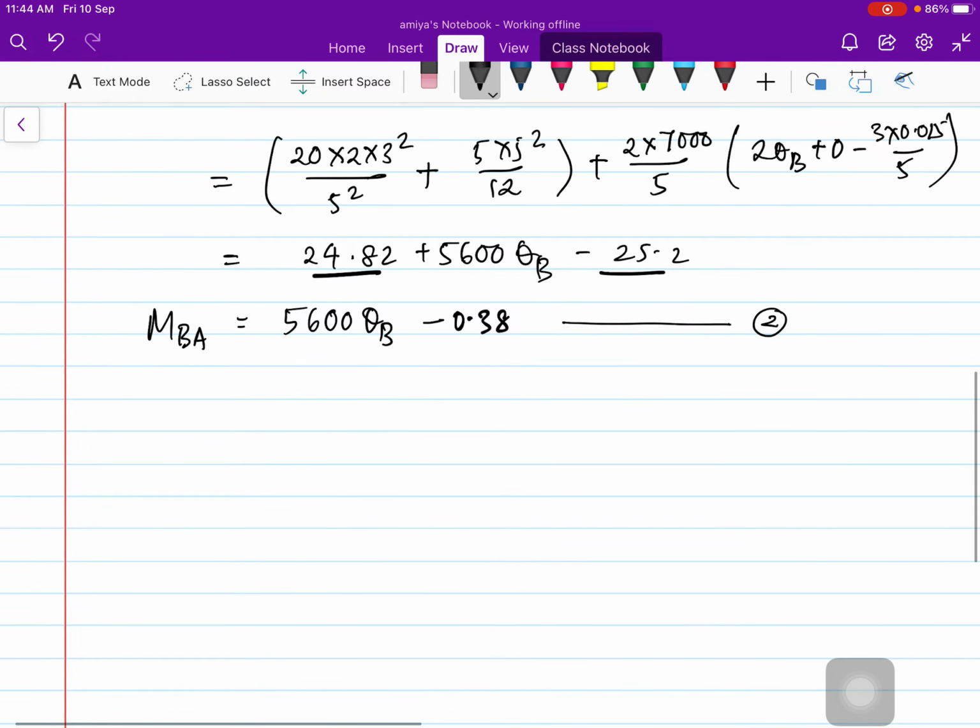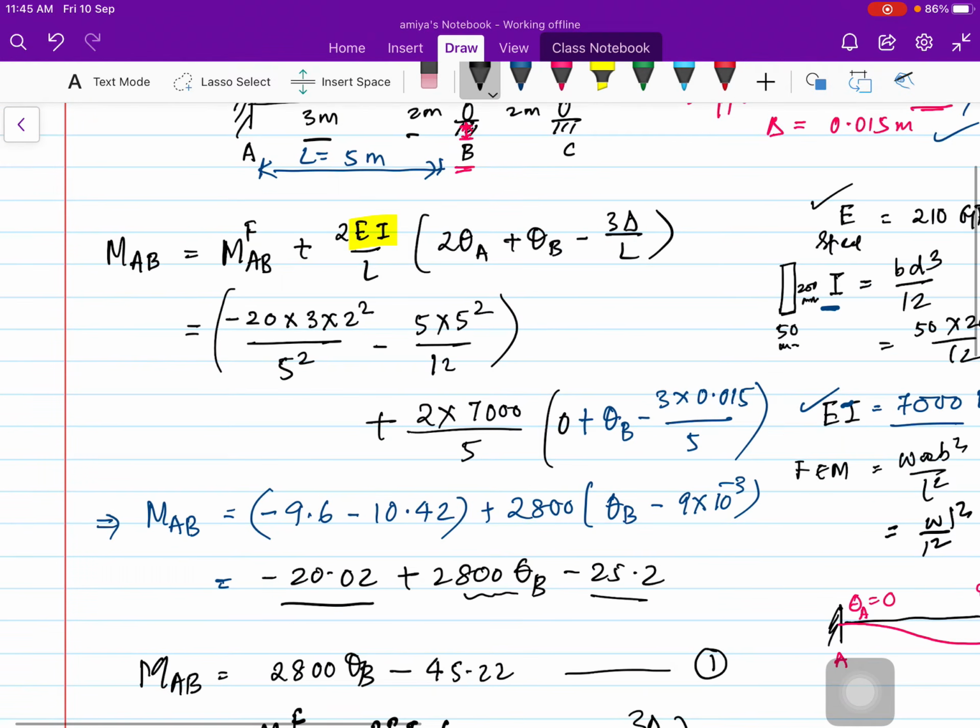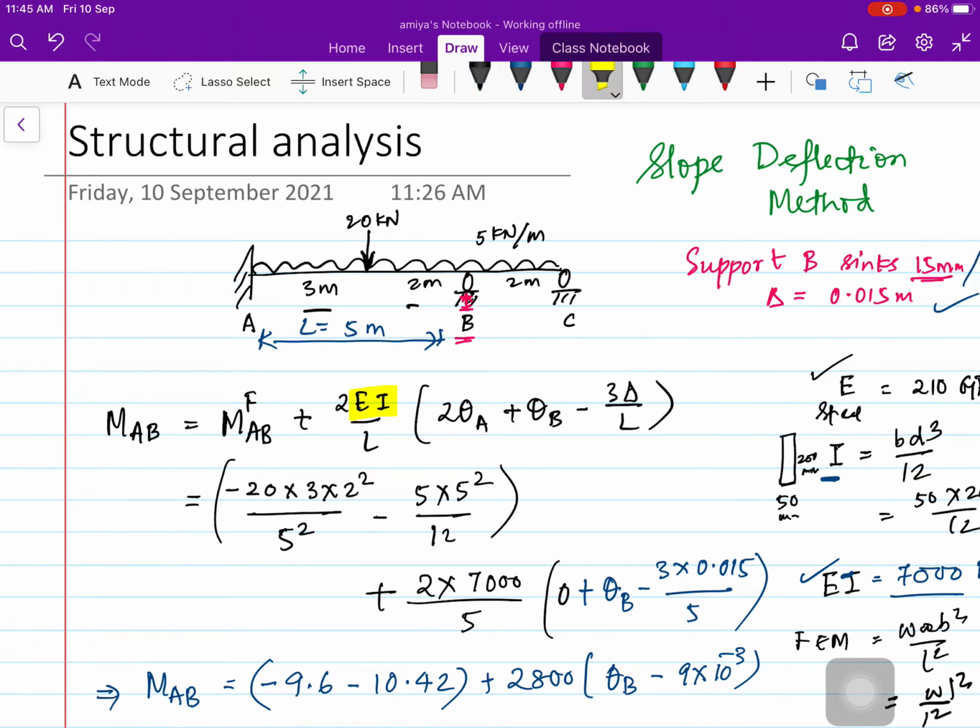Similarly, we will now calculate for span BC. In span BC, it is a 2 meter span and we have only a UDL of 5.